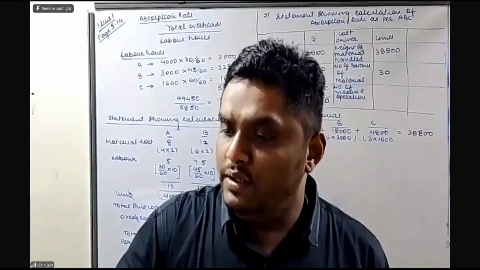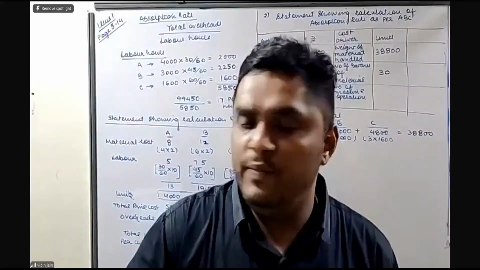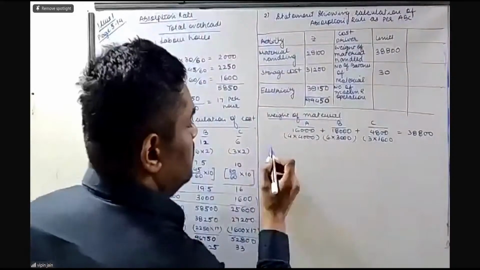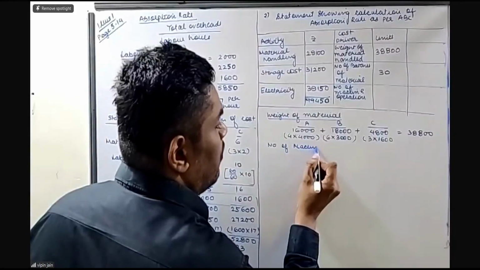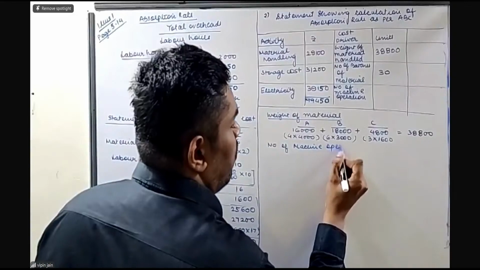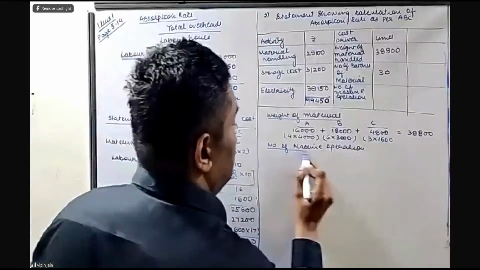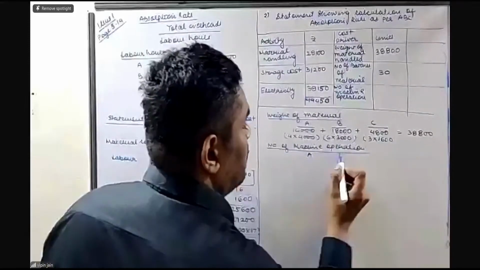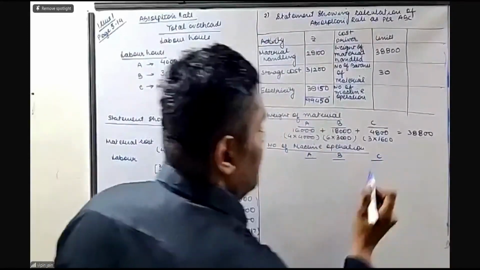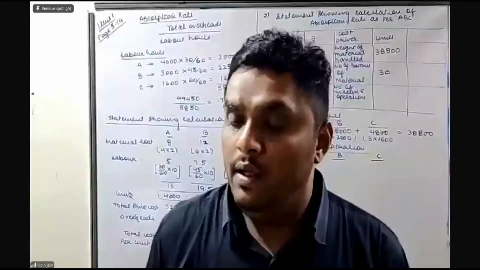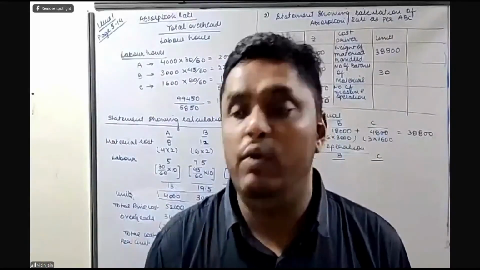Further, when talking about the third part, that is electricity, it is on the basis of number of machine operations. Again, the number of machine operations is given, but it is given per unit of product.